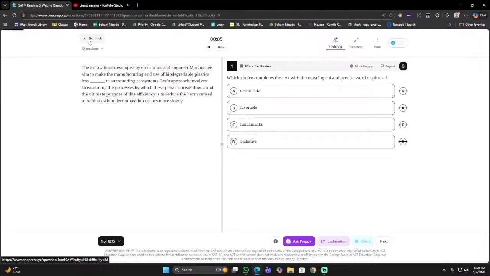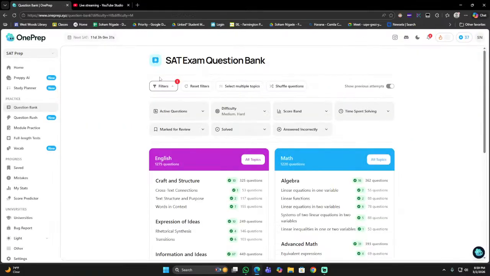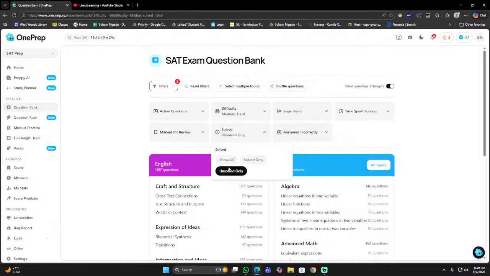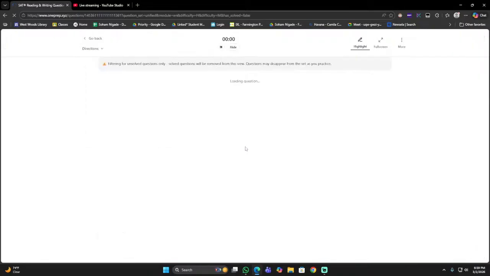Let's remove solved. Unsolved only. Okay. Medium hard and unsolved only is a very good mix, actually. So it makes it challenging, but not too challenging.